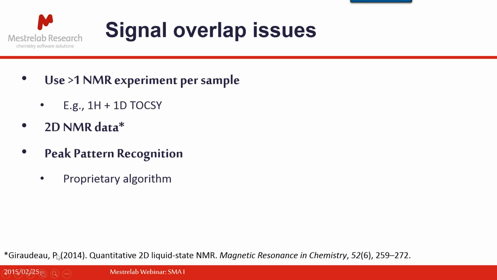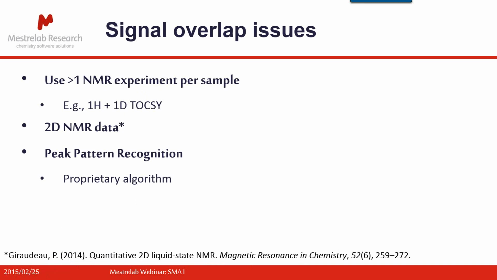And I want to draw your attention to a very nice paper by Patrick Giordano in Med Chem, and Patrick will also be giving a seminar on how to actually do 2D quantification at SMASH if you happen to be going later this year.